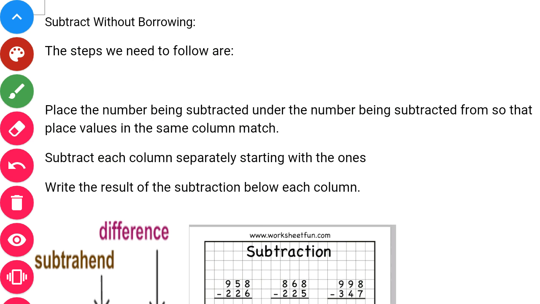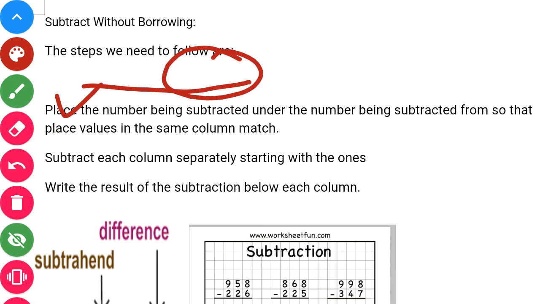Like in addition, here also we have to pay attention to writing numbers in their correct place value. It is required, otherwise our question will be wrong. So, we have to place the numbers according to their place value.